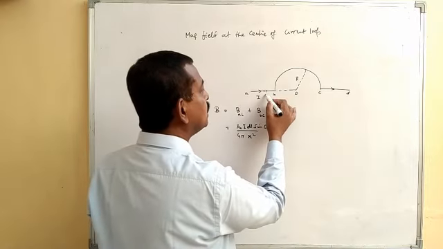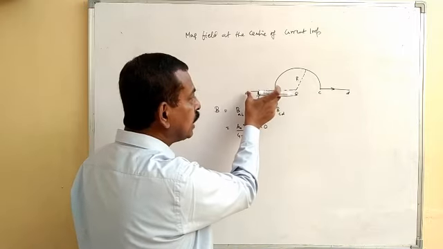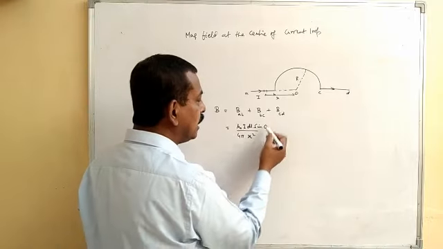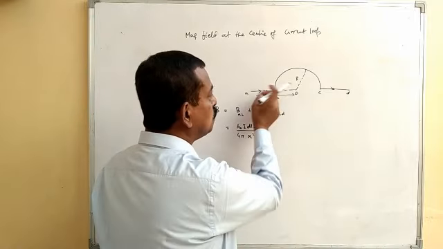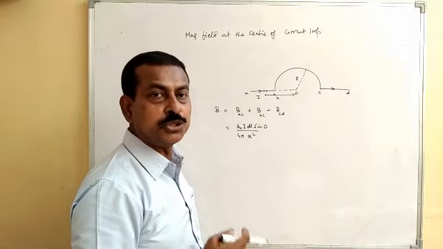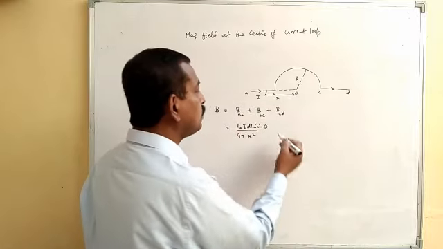Suppose I assume that this element is at a distance x. So we'll integrate for any part of this one. Since the magnetic field due to the small current element lying on this straight conductor will be 0, the contribution due to this part will be 0.